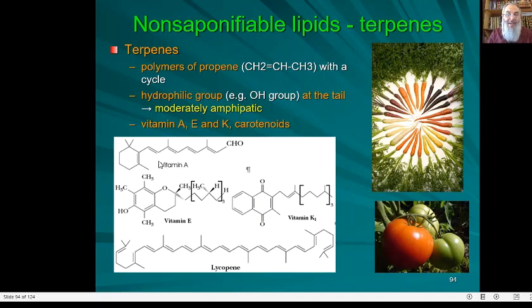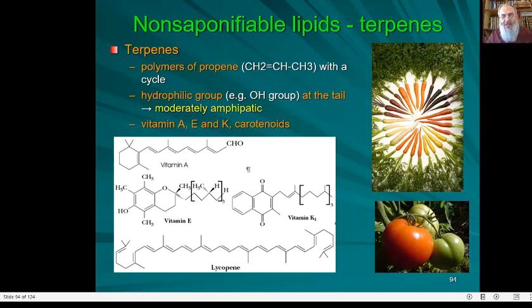We notice that overall a terpene may be hydrophobic, with a very small hydrophilic chemical group. Sometimes we have a pigment that is totally hydrophobic, lycopene, the red pigment responsible for the red color of the tomato. It is totally hydrophobic.